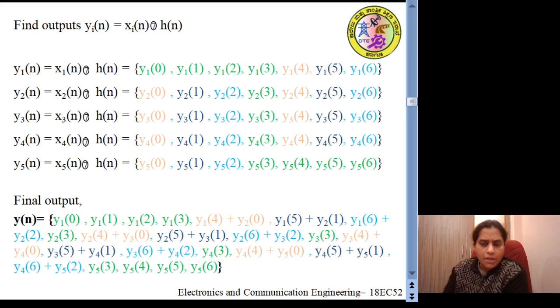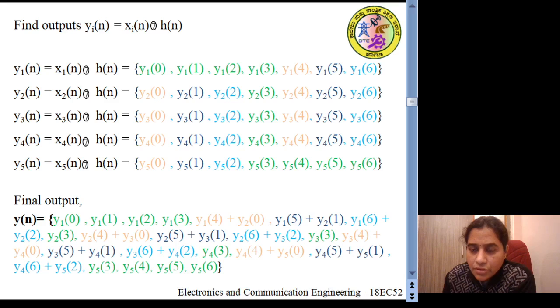We are not just doing overlapping and discarding some values. Instead, we are keeping some values as they are and we are adding some samples. Carefully observe, because this is the overlap add method of doing the linear filtering operation.